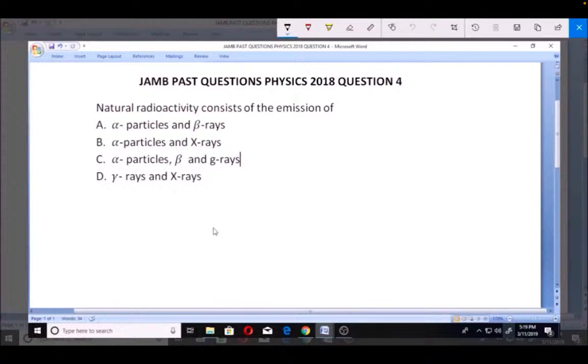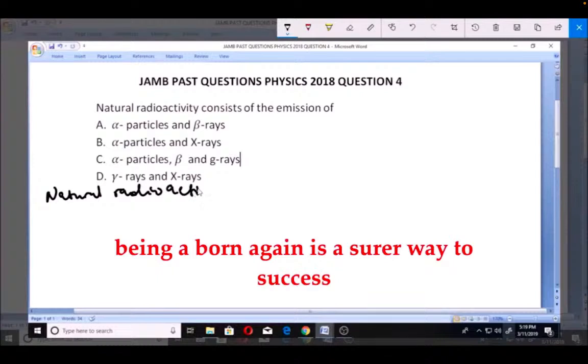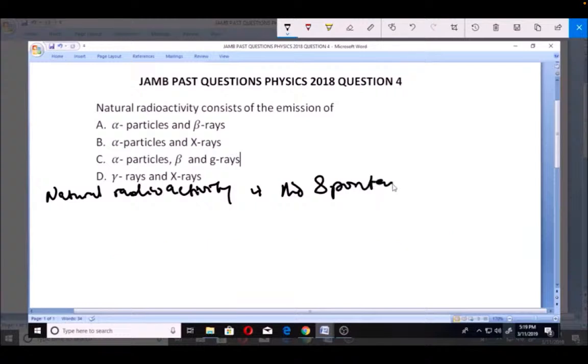Now, for us to understand this very well, we need to know the definition of natural radioactivity. And we'll have that natural radioactivity is the spontaneous disintegration.